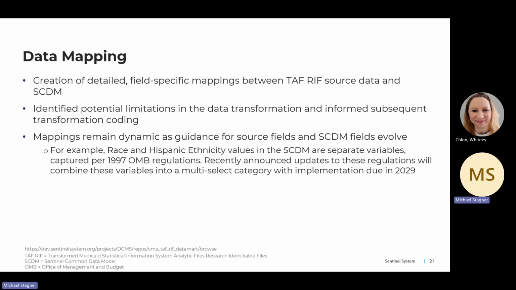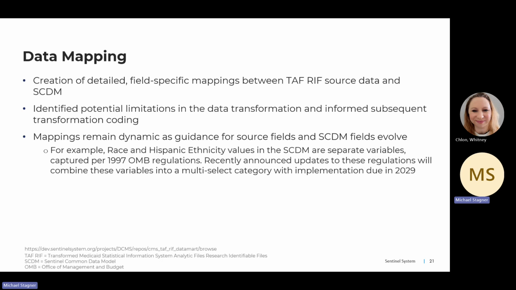The exercise of data mapping allows us to identify potential pitfalls or places where there may be losses or mismatches in information. So for example, currently the Sentinel Common Data Model Hispanic ethnicity is set to yes if the combined race and ethnicity value available in the source TAF RIF data is Hispanic.